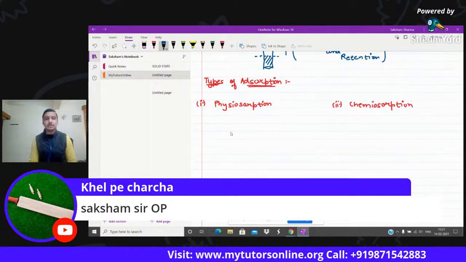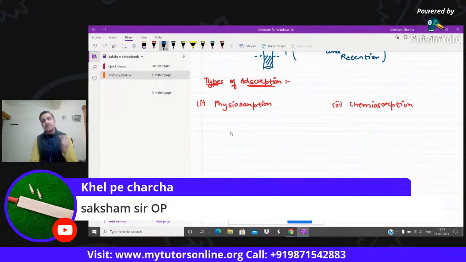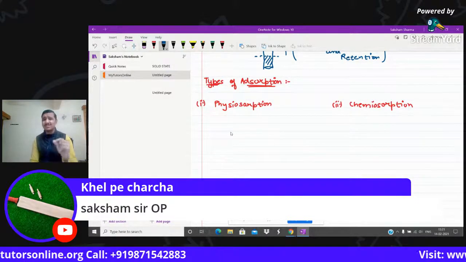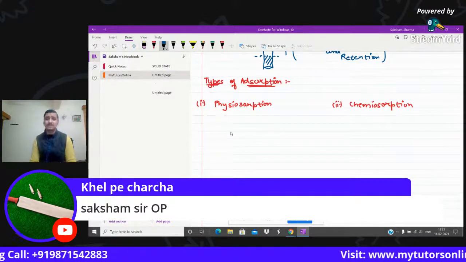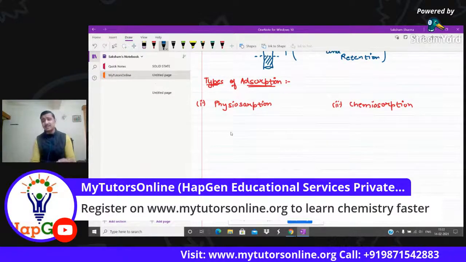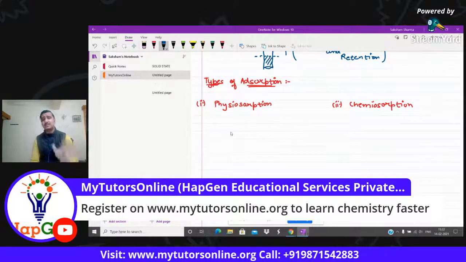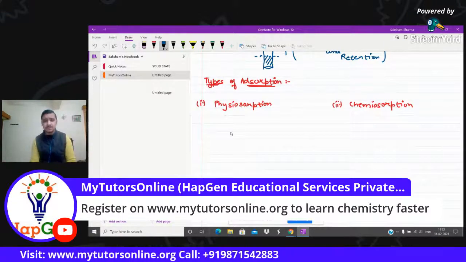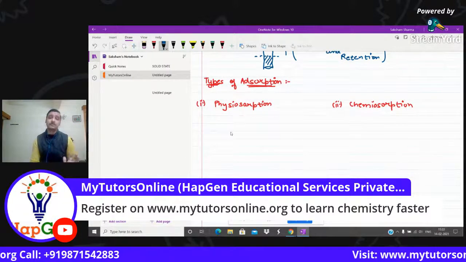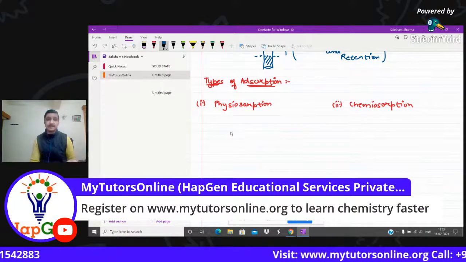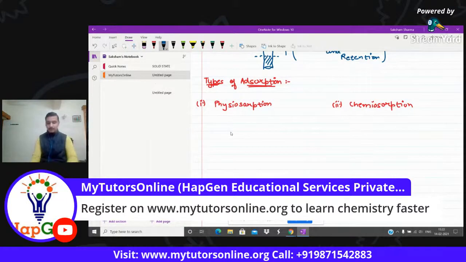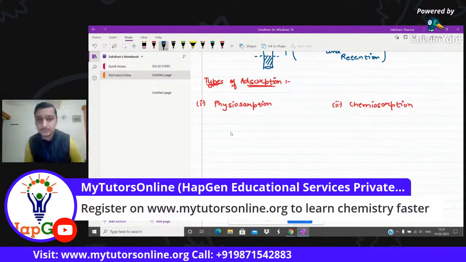This topic is asked 90% of the time in your board exams, and it is asked very straightforwardly. They do not put it up in a confused manner. They will ask you in a clear cut manner: what is adsorption, what are its applications, state the types of adsorption, or what is the mechanism of adsorption.